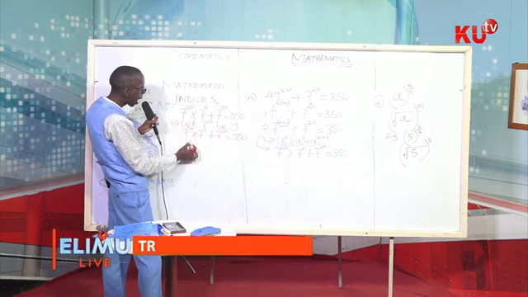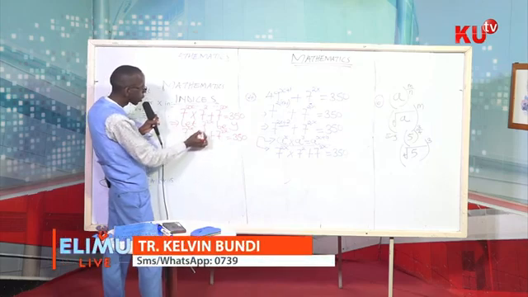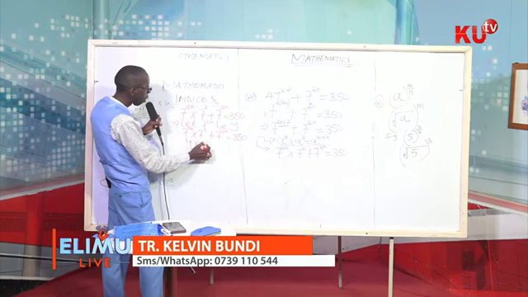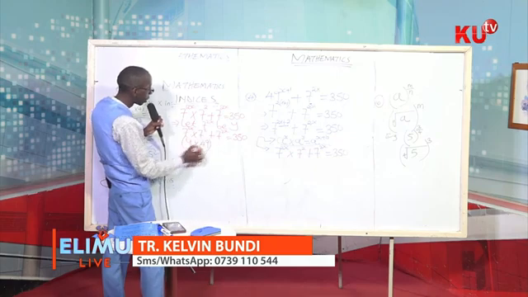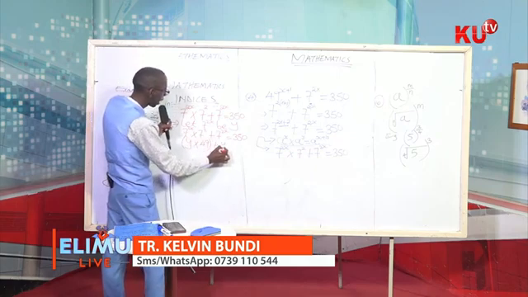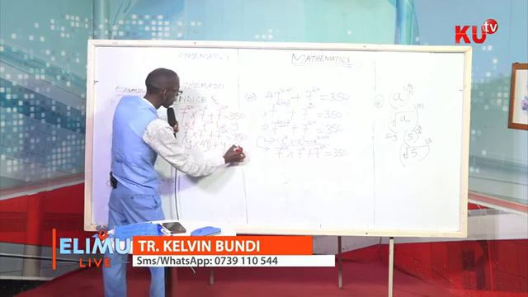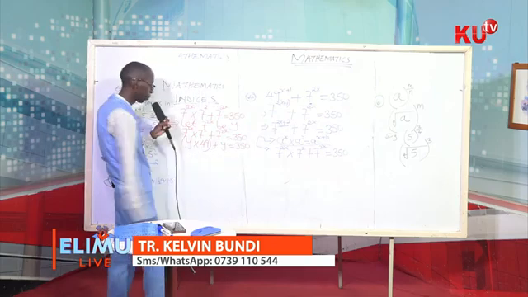So y times, what is 7 squared? 49. Y times 49 plus y is equal to 350.